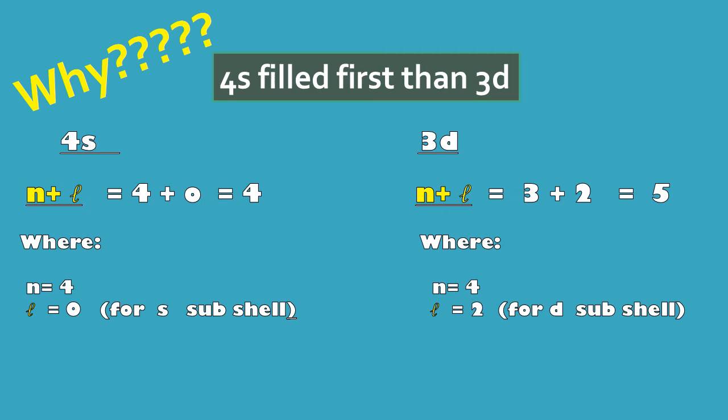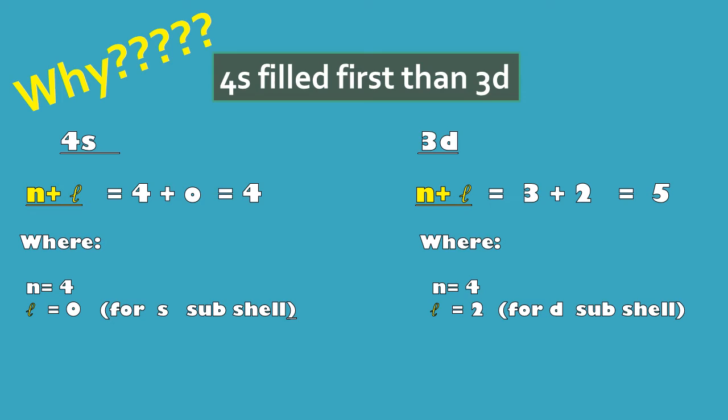Applying the n plus L rule for the 4s subshell, the value of n for 4s is 4, whereas the value of L for the s subshell, we know, is 0. So put this value here, we get 4. So the energy of the 4s subshell is 4.